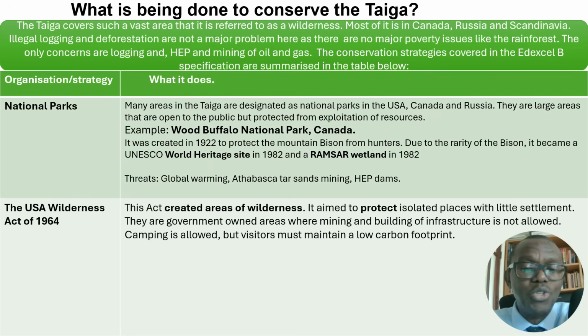So it aimed to protect isolated places with little settlement. And they are government-owned areas where mining and building of infrastructure is not allowed. Now, camping in these areas of wilderness is allowed, but visitors must maintain a low carbon footprint. So this act protects those areas that are isolated from destruction by these TNCs.